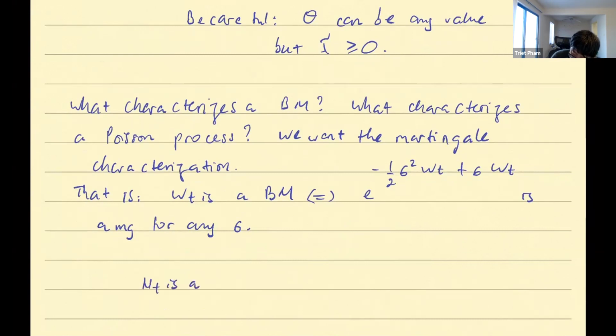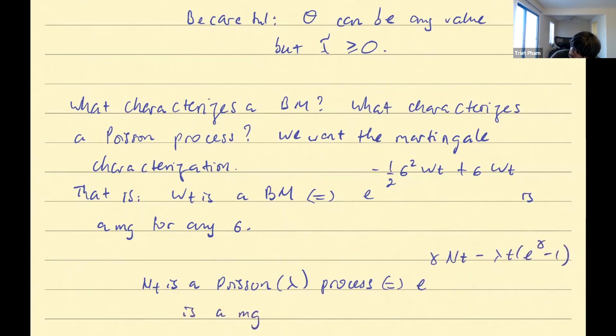N_t is a Poisson(λ) process if and only if e^(γN_t − λt(e^γ − 1)) is a martingale for any γ.